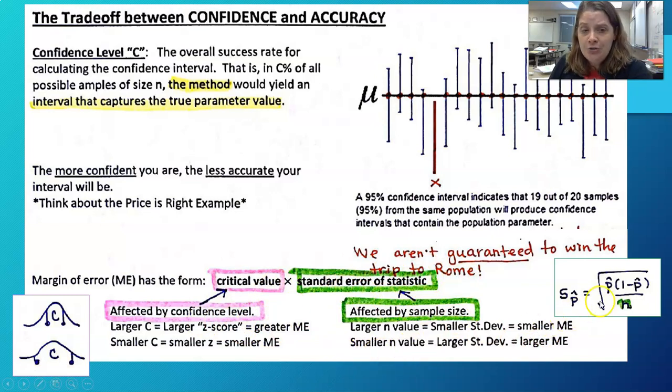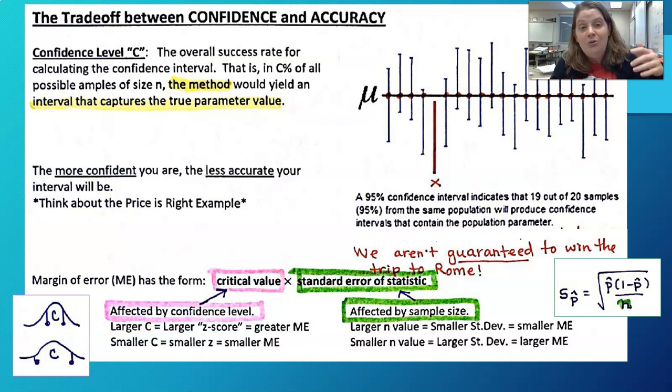A smaller sample size is going to make the standard error larger, and it's going to give you a larger margin of error. So if you increase your sample size, it makes your standard error smaller, which makes your margin of error smaller, which makes you more accurate with your guess, closer to the truth.